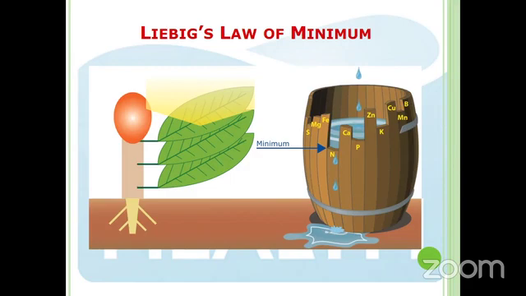So if your soil is deficient in nitrogen, and instead of nitrogen we apply iron in that soil, it will not make any difference. Even if the quantity of iron is more, the yield will still leak from that nitrogen point.